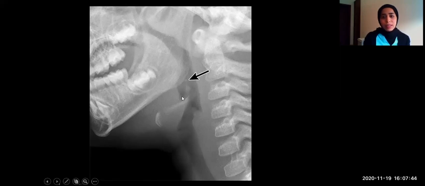You can see the vallecula, which is just anterior to the epiglottis and is a common site of foreign body, and the piriform sinus with the normal air outline. So there is only a radio-opaque foreign body here, with no worrisome features of complication.